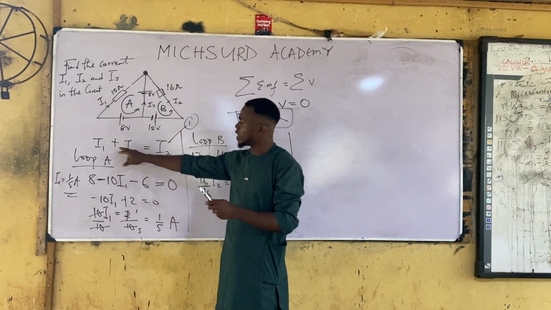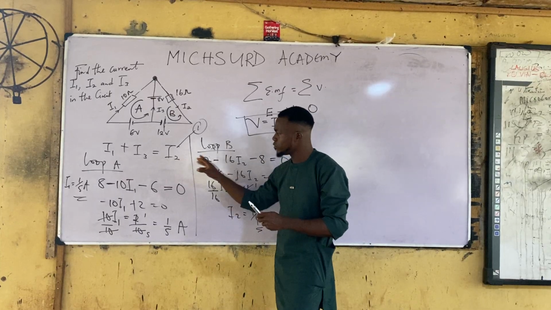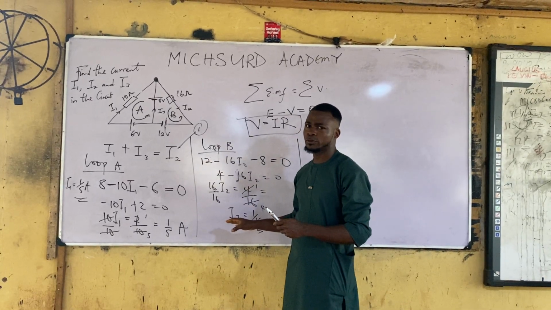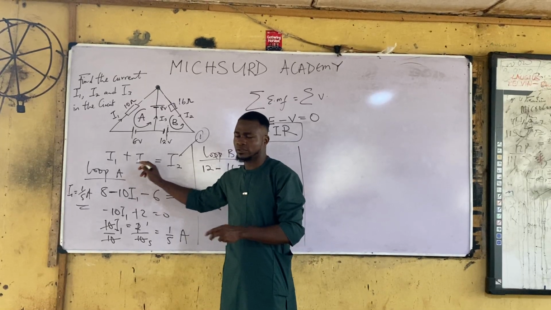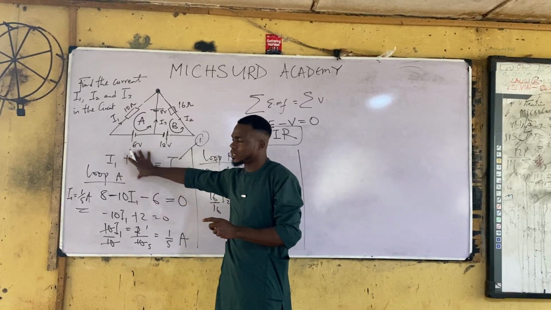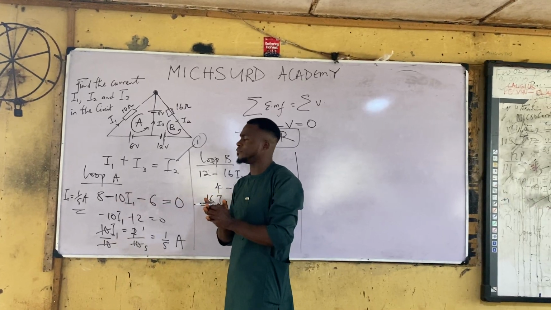So here we have gotten our I1 from the first loop and our I2 from the second loop. So that means that we can calculate our I3. So quickly what you do, make I3 the subject of the formula, make your right substitutions, and then you calculate for I3.